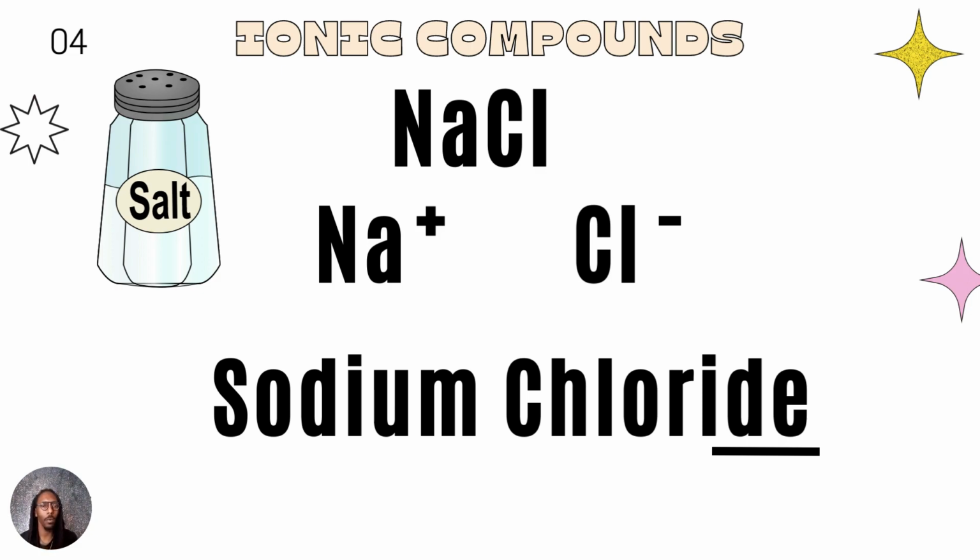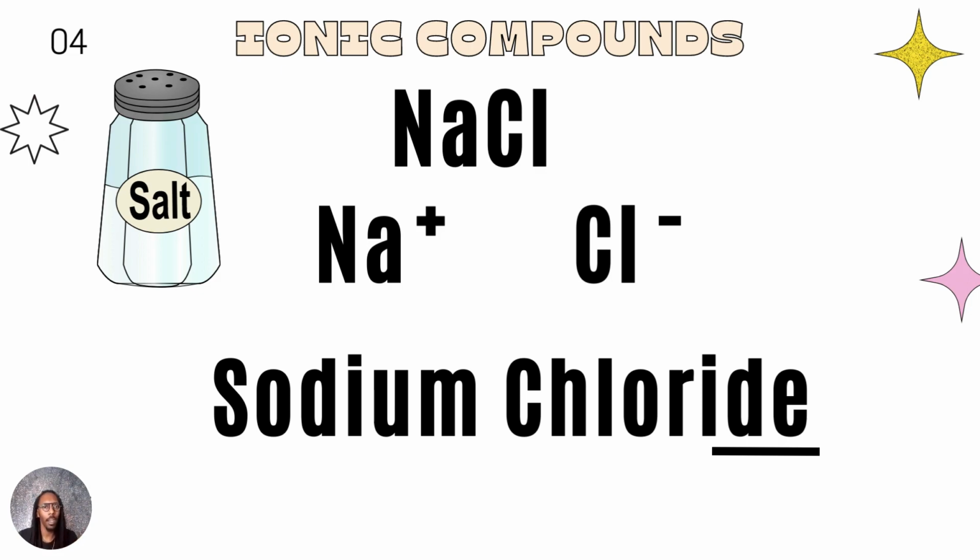Now that I realize I have an ionic compound, how should I name it? We have to follow certain rules when naming ionic compounds. The first thing you want to do is put your cation first. For those of y'all who don't know, a cation is an ion with a positive charge.